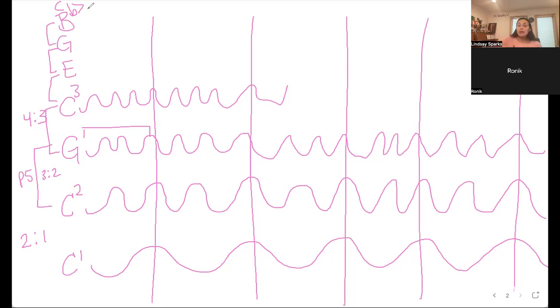So theoretically, the harmonic series can continue beyond this, but not many instruments can play beyond that, because it would be dividing. We basically start getting into quarter tones. We'd be dividing that string into such small spots that it either wouldn't vibrate or we wouldn't be able to hear it.